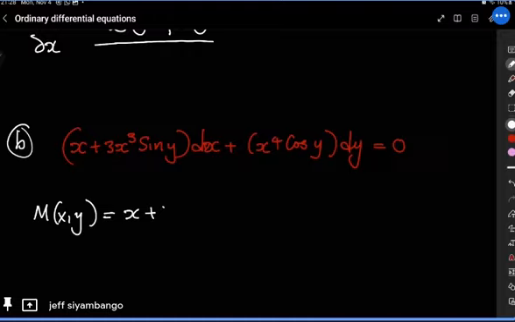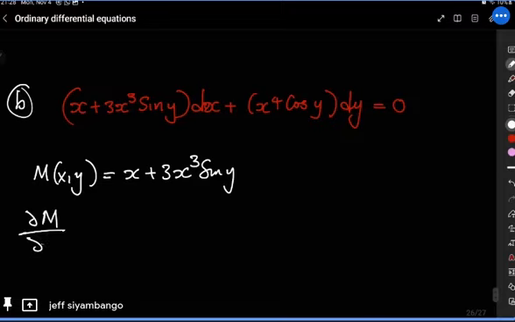Let's get partial M, partial y. The x will be 0. Here, the 3x^3 is just a constant, since only x is present there, so we just differentiate the sin y. That will just be cos y.